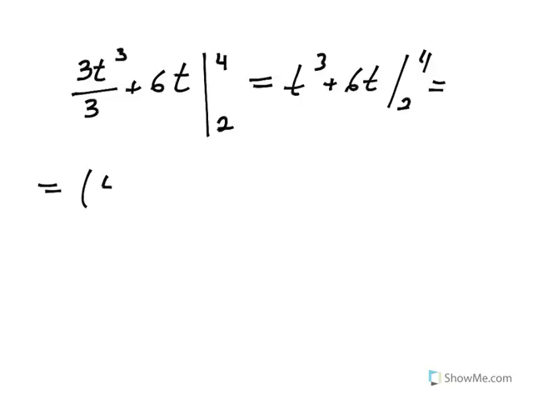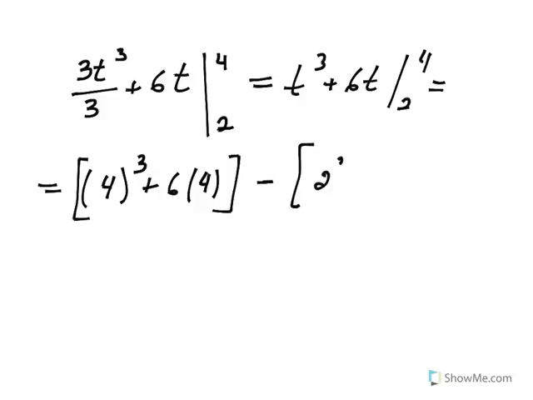So we get 4 cubed plus 6 times 4, minus 2 cubed plus 6 times 2. 4 cubed is 64 plus 24, 88, right?